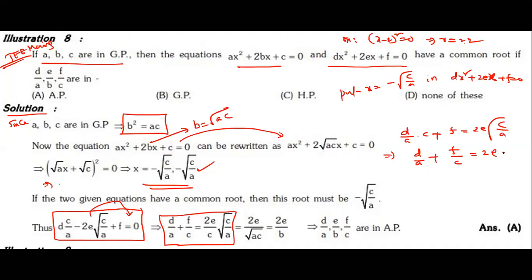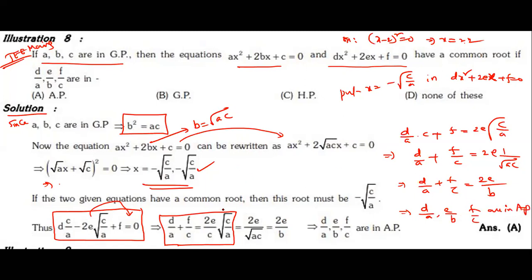What is the result coming? Anyone? 1 by root ac. So d by a plus f by c is equal to 2e by root ac, which is how much? That is b. What is the meaning here? Anyone? So d by a, e by b, f by c are in AP.